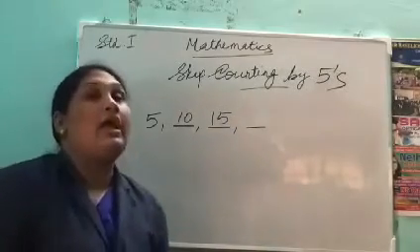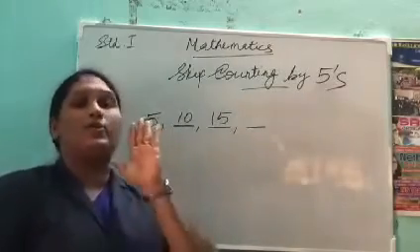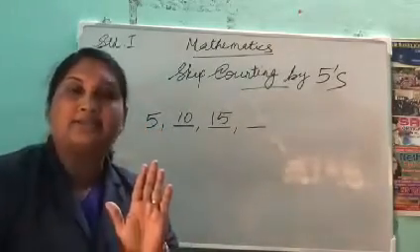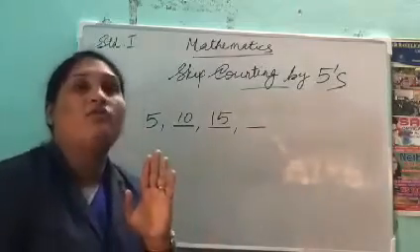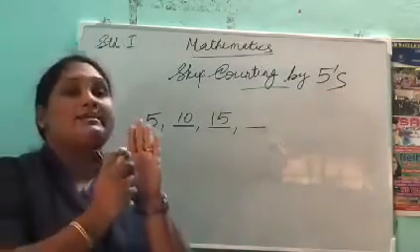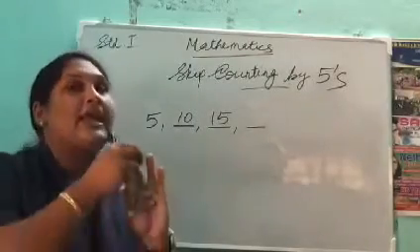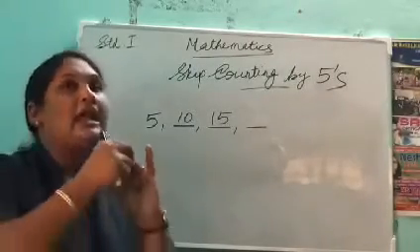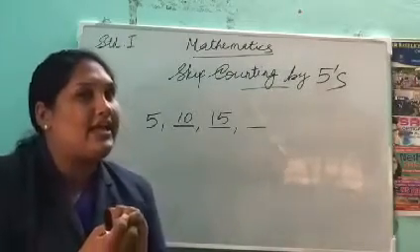Which will be the last missing number? Again you take 5 fingers and count the next numbers after 15. 16, 17, 18, 19, 20.